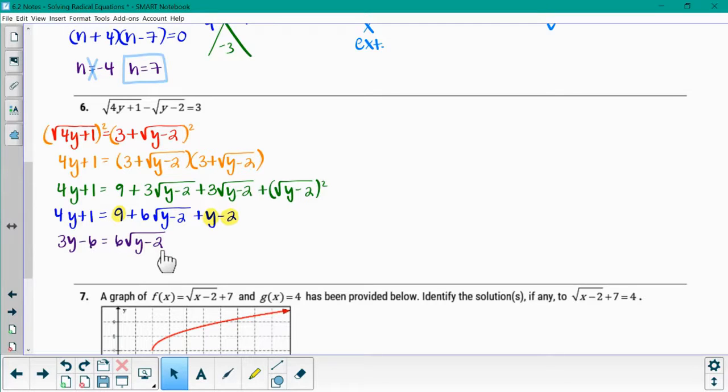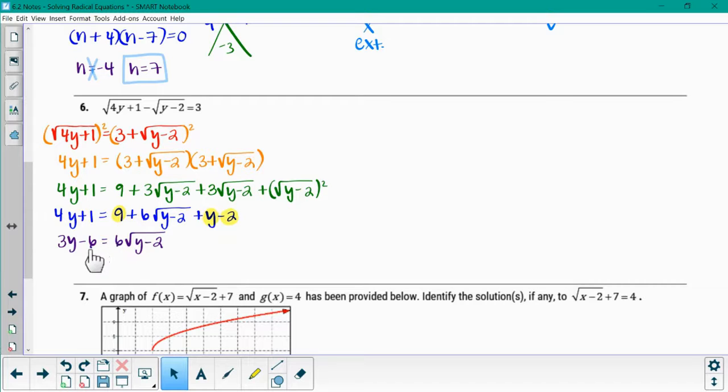Now, this is where we're going to do another round of squaring both sides. So ideally, if possible, you want to have this be a coefficient of 1. So I am going to try to make this 1, and I'm going to try to get this number down as low as I can.